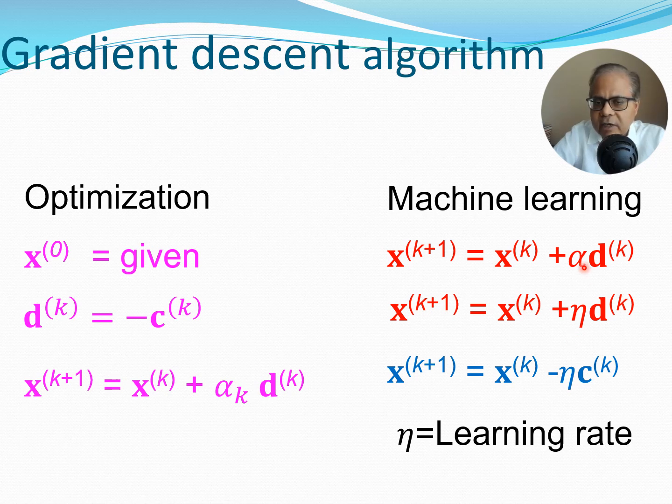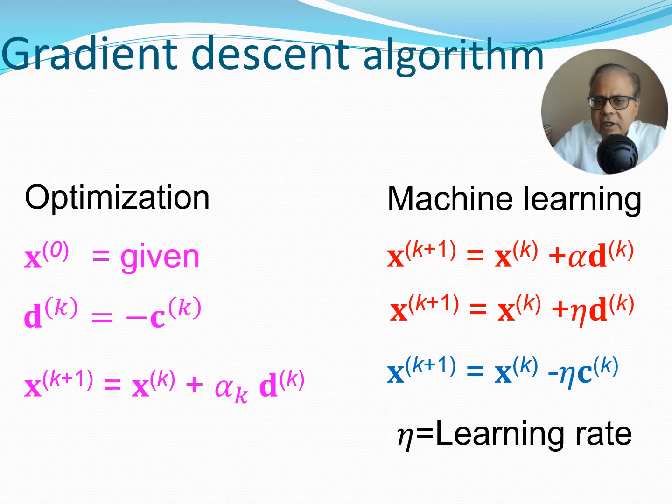It's actually the same as the step size, but it is frequently used in machine learning. So in many machine learning books you will see this formula used, which I have given in blue. That is xk plus 1 is xk minus the learning rate multiplied by the gradient vector. So this is the algorithm which is very often considered to be the gradient descent algorithm.